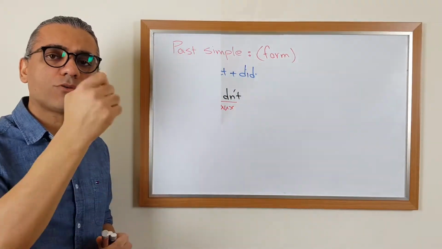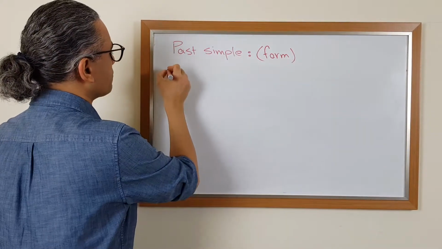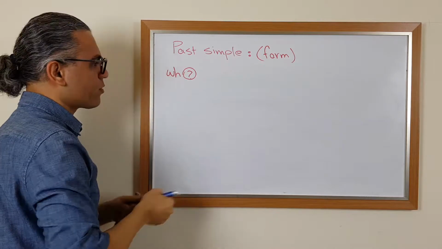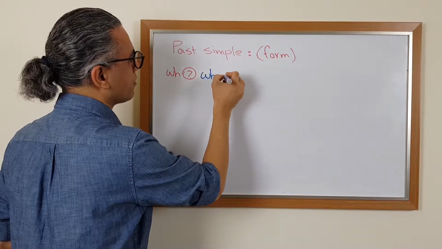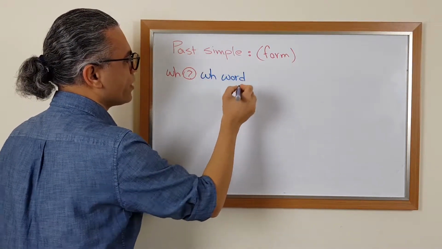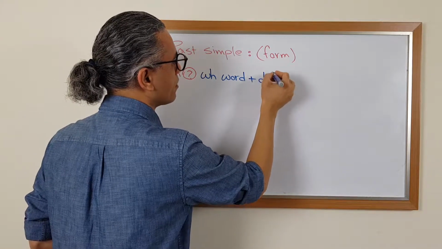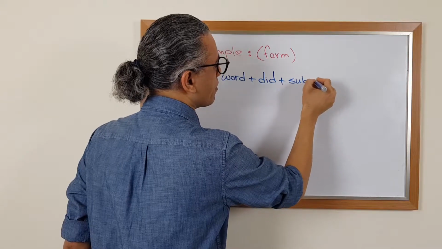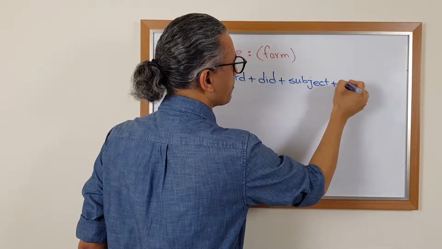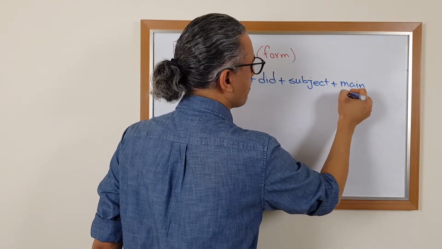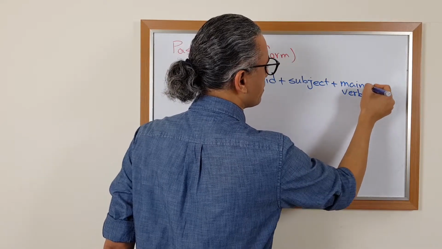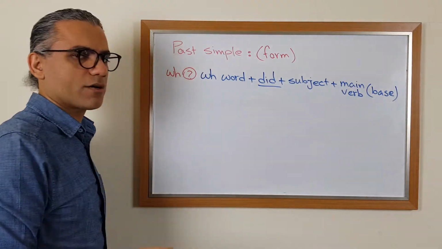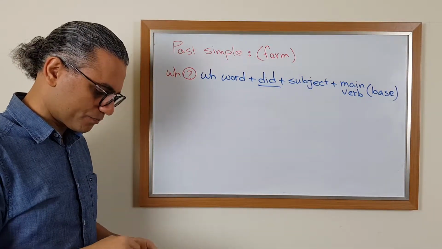Now, about WH questions. We start with WH word plus did plus subject and plus main verb, again in base form, because we have did here as our auxiliary verb.